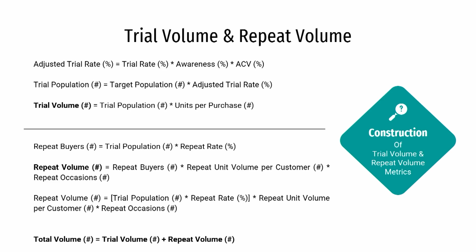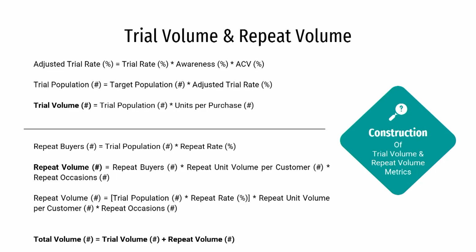And the third parameter is ACV, or all commodity value, which is a surrogate of your distribution level. Like I said, some customers have responded that they will definitely buy or probably buy the product, but somehow they are unable to purchase it because there is no distribution in their nearby retail market. So, this adjusted trial rate accounts for all these gaps.